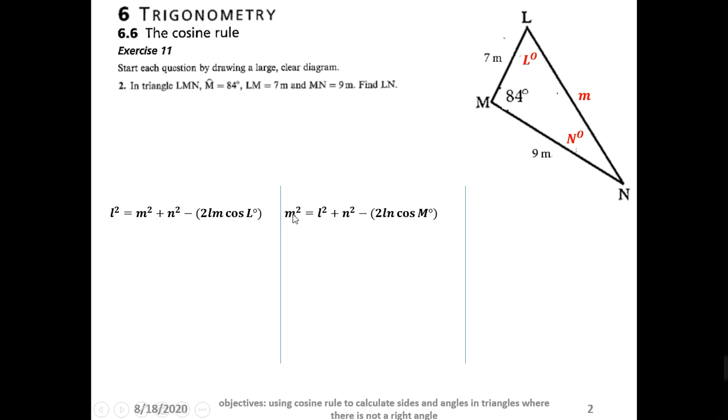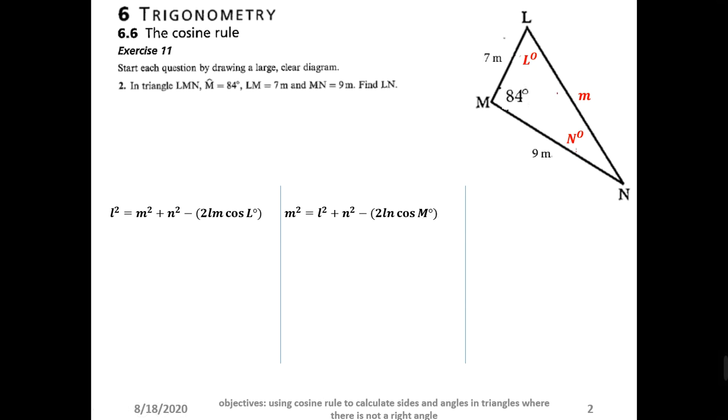And here we started with the M. So it's going to be M squared is equal to, what are the other two sides? L and N. L squared plus N squared minus, inside the brackets, 2 times L times N times cosine M. I started with the side M, so I ended here with angle M. Let's practice one more time at writing the cosine rule.